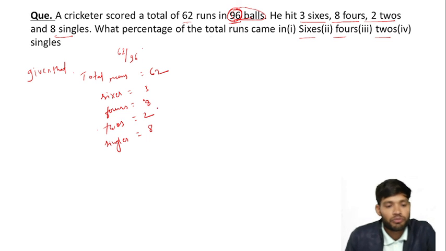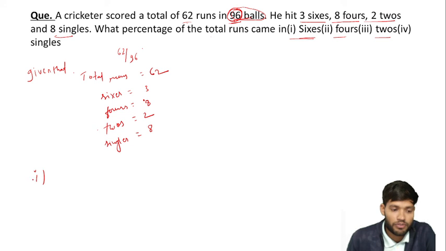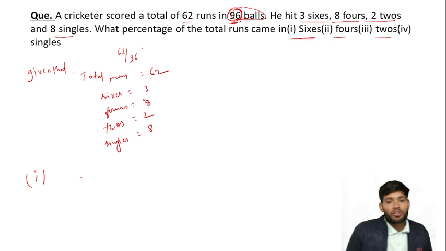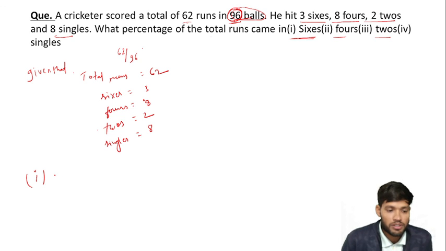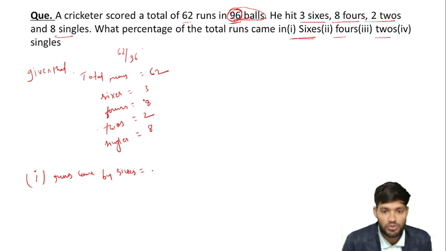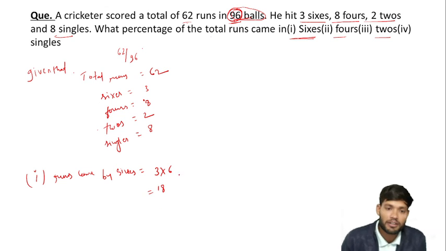Now we have to calculate; we solve the cases one by one. Now first of all we have to solve case number one. Runs that came by sixes is equal to how many sixes? 3 sixes. 3 into 6 is equal to 18 runs came from the sixes.